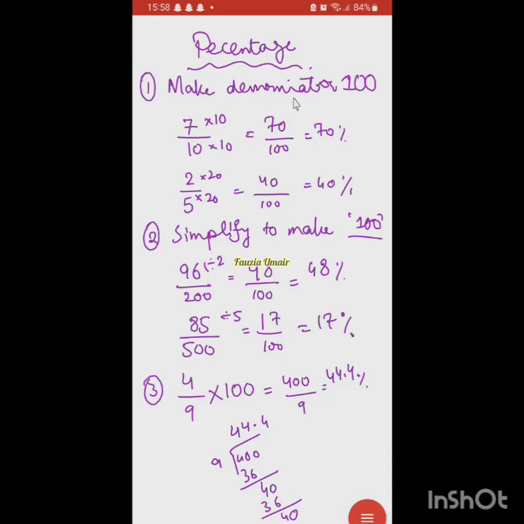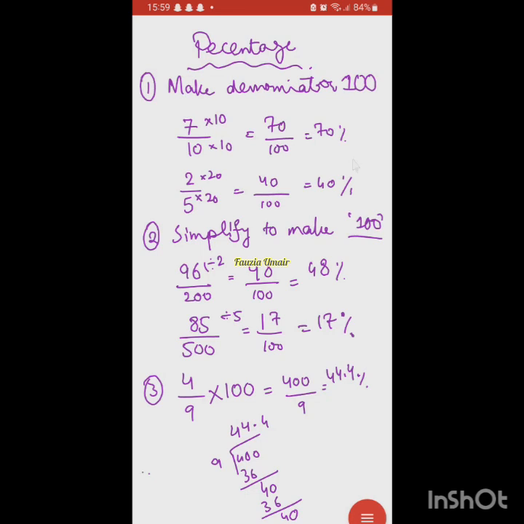So, you need to see the question first. Either you need to convert percentage into fraction or fraction into decimal, what you are going to do. So, in this particular question, you need to convert into percentages. So, जब आप percentages में convert करते हैं ना fractions को, so आपके पास तीन तरीके. First method is while converting fraction into percentage: make the denominator 100, by multiplying. अगर मल्टीप्लाई से नहीं होता तो सometimes डिवाइड करने से we can make the denominator 100, जैसे मैंने सेकंड केस में कहा.